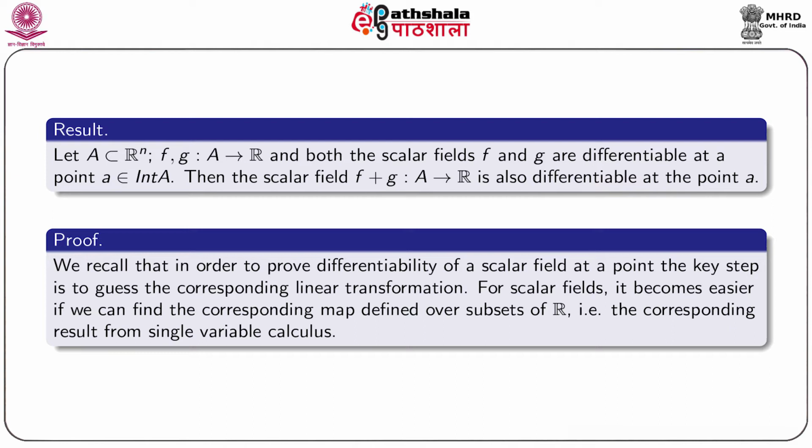It will become easier if we can find the corresponding map defined over subsets of R. That is, if we think F and G are maps defined over A, where A is a subset of R, then whether F plus G is differentiable or not, and if it is differentiable, what is its derivative. The help is that we can use the corresponding result from single variable calculus, which we already know.